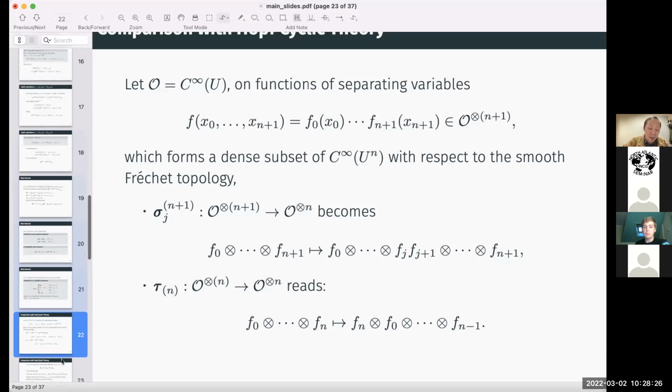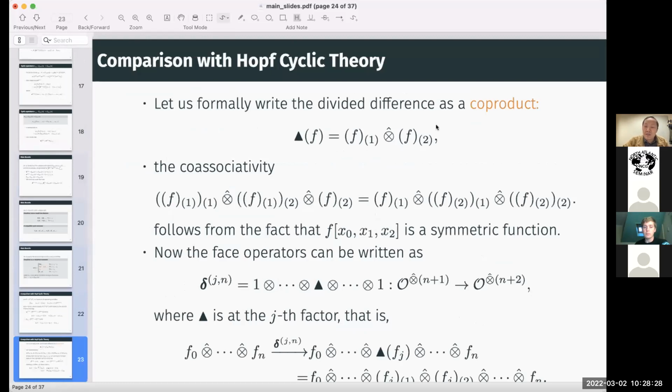So now, for this divided difference, a function of one variable becomes a function of two variables, right? It's kind of like a coproduct, in a way. So let me formally write this as a coproduct. So this should be, for most of the functions, an infinite sum, where I'm making use of the standard Sweedler notation for this coproduct.